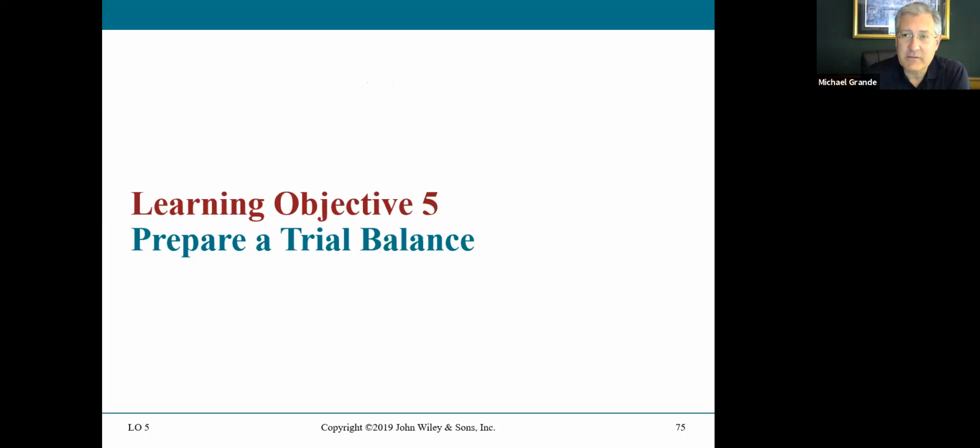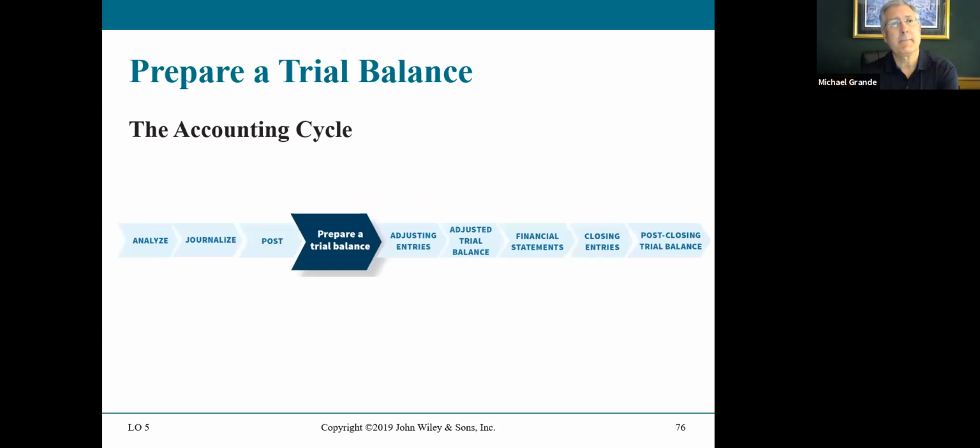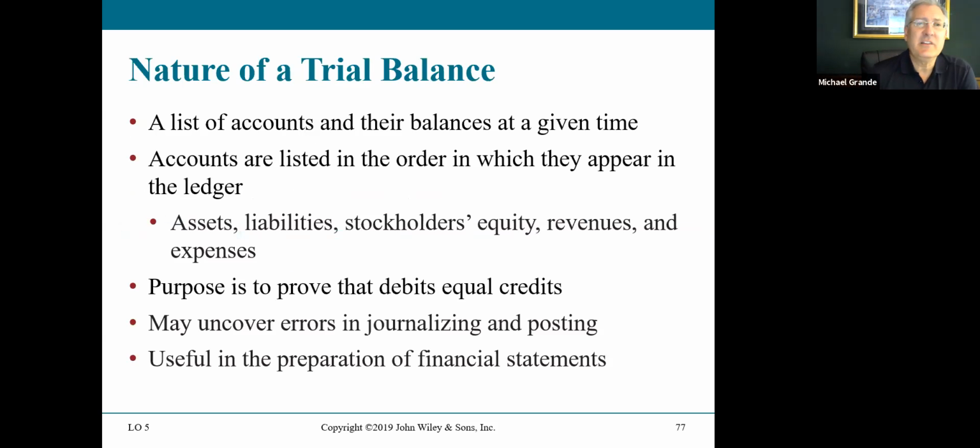Prepare the trial balance. So the trial balance is simply a listing of all of the debits and credits from your T accounts. So you took the balances in your T accounts, you calculated the net balance, and now all we're going to do is write them down in tabular form. A trial balance is a list of accounts and their balances at a given time.